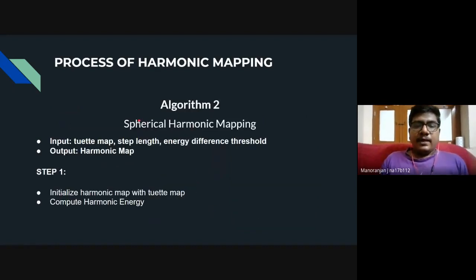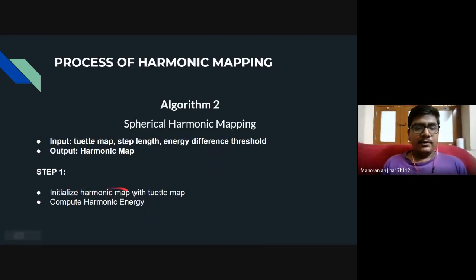So when we are looking at the algorithm for the harmonic mapping, this is step 2 of what the paper has suggested. We'll be giving the Tutte map that we computed in the previous algorithm, the step length, which means the same here as well, and the energy difference threshold, and now we will have a proper output of the harmonic map.